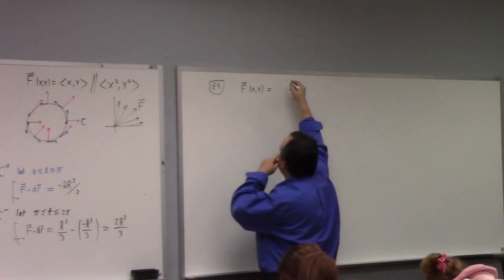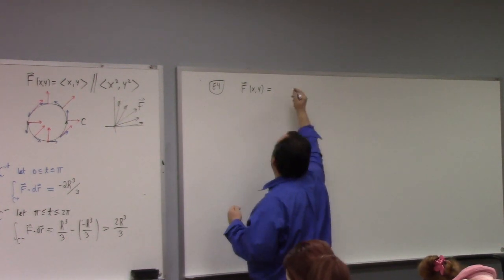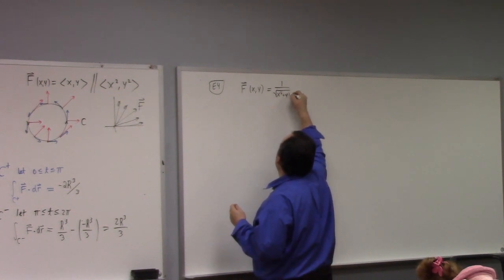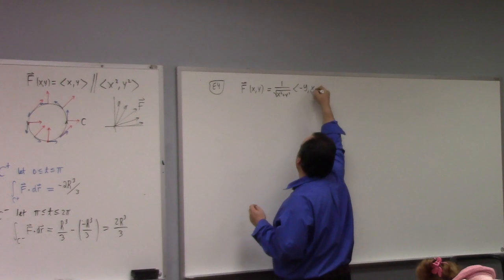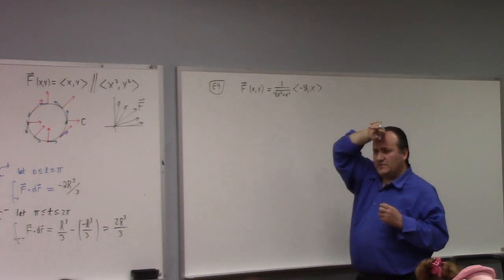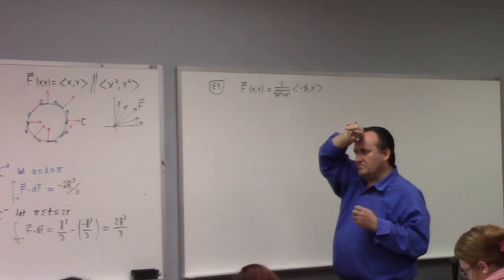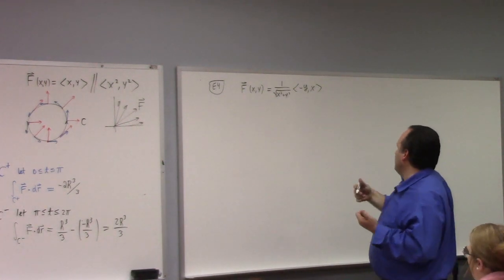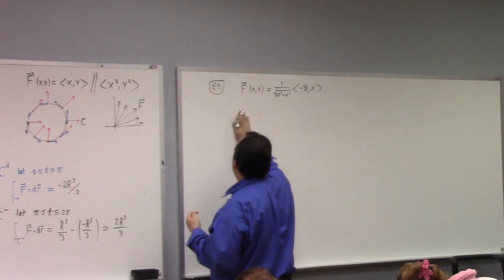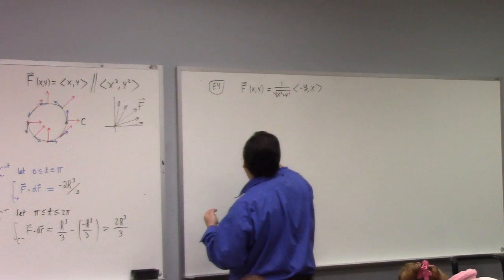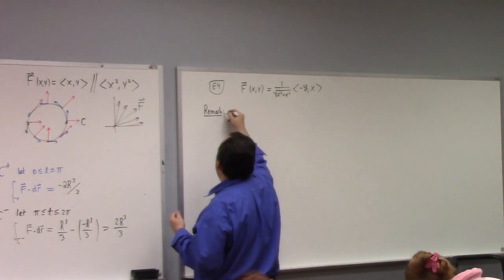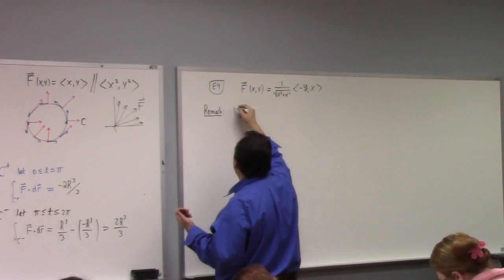Here we could look at 1 over the square root of x squared plus y squared times minus y comma x. And by the way, I need to introduce a notation, since there are a couple of popular notations. So, a remark, not really this example per se, but worth mentioning. I should have made the remark before the example, my bad.